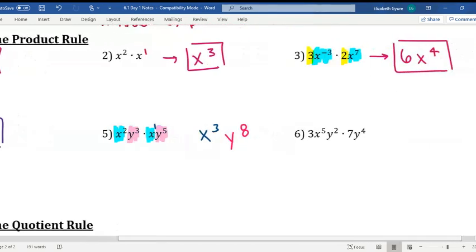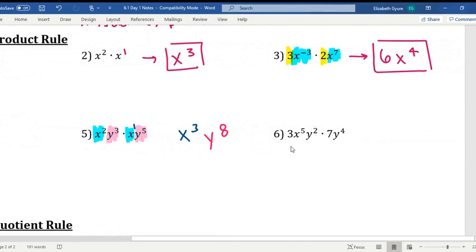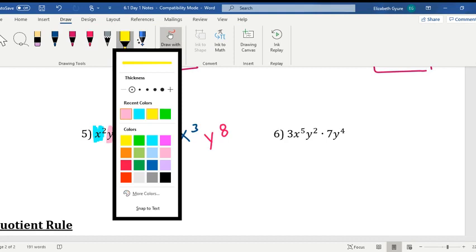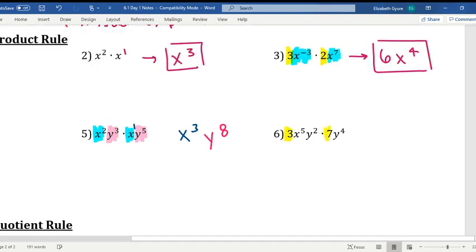All right, so last one of these, take a look at 6. So 6, again, we're turning it up one little level. This time we have whole numbers, x's and y's. So same idea. Big numbers in the front go with big numbers in the front. So the 3 goes with the 7.